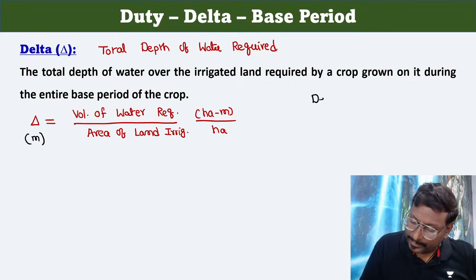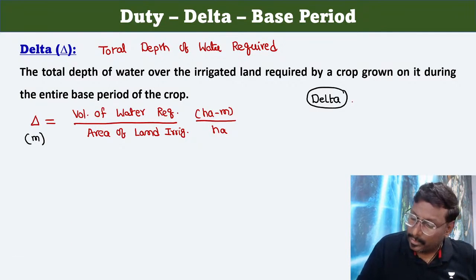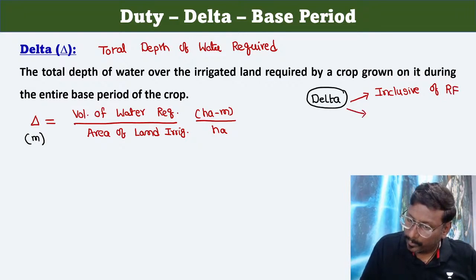Again, this delta we can classify into delta inclusive of rainfall and exclusive of rainfall. If you include the rainfall, it is delta inclusive of rainfall.